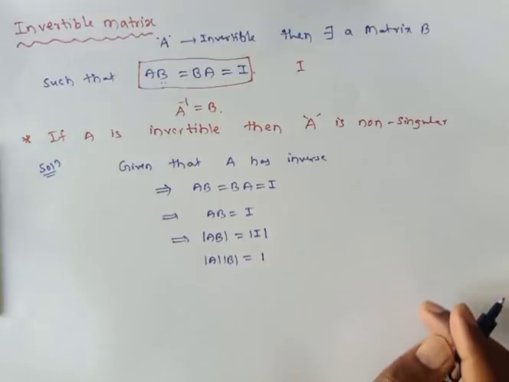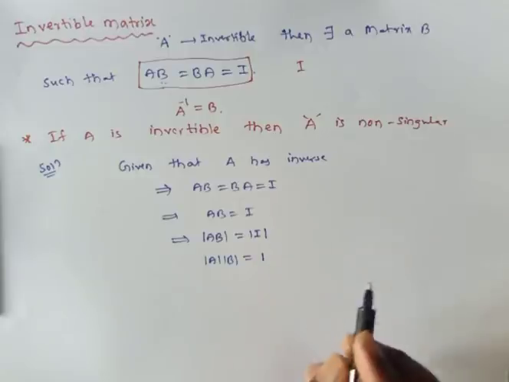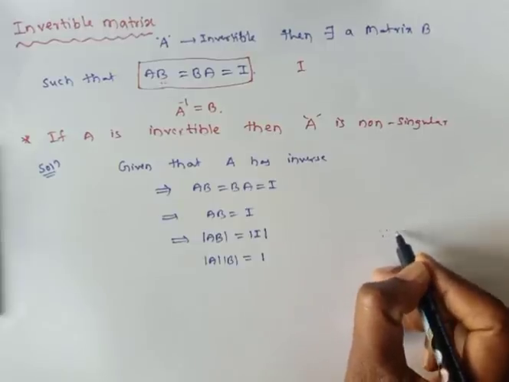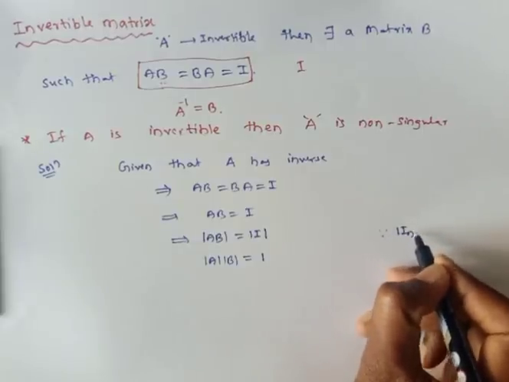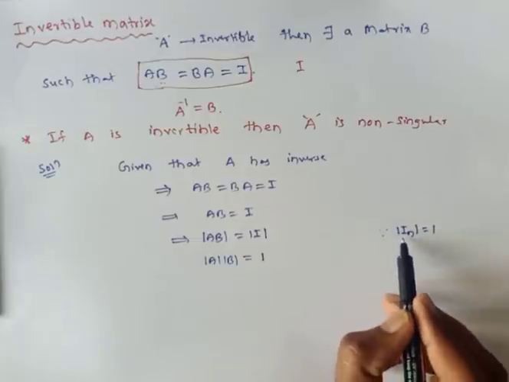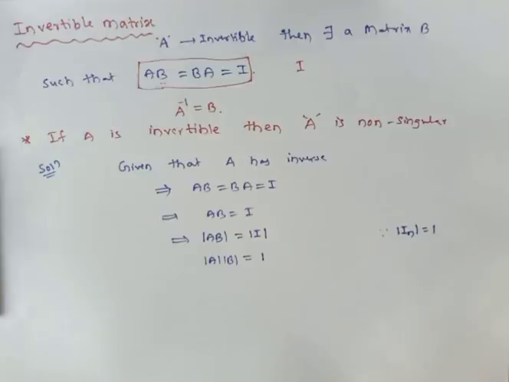Or you can check with any identity matrix of order 2 or 3 or 4 or anything. So simply here you can remember, the determinant of an identity matrix of order n is 1. So the determinant of any identity matrix is always 1.